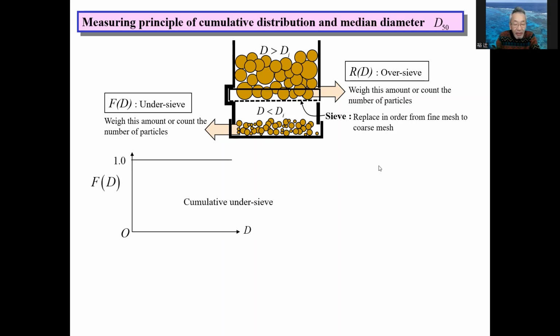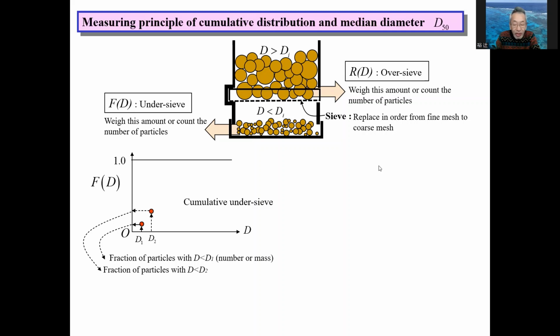Let's see the relationship between Fd and particle size d. Fd measured by the smallest mesh is plotted near the origin. When the slightly larger mesh is used, particles with d smaller than d2 accumulate in the bottom container under the sieve.